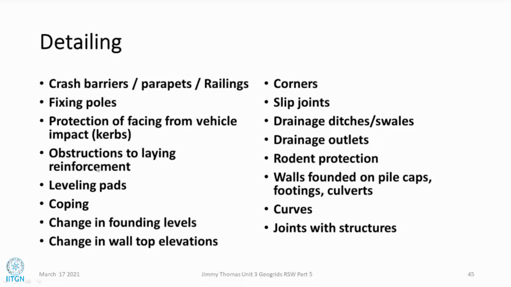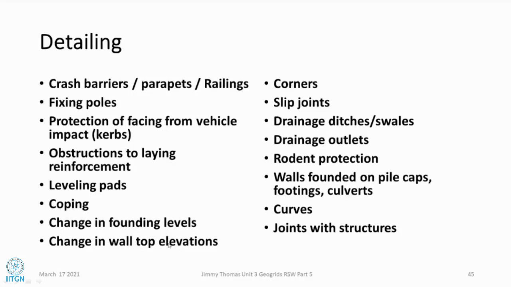How to handle that? In a leveling pad, at the top there is a coping beam, because the top level will be varying. We have to achieve that. And when we change the founding level, because ground level will be varying, we have to provide 1 meter embedment. So there could be a step in the leveling pad, and how to do that.